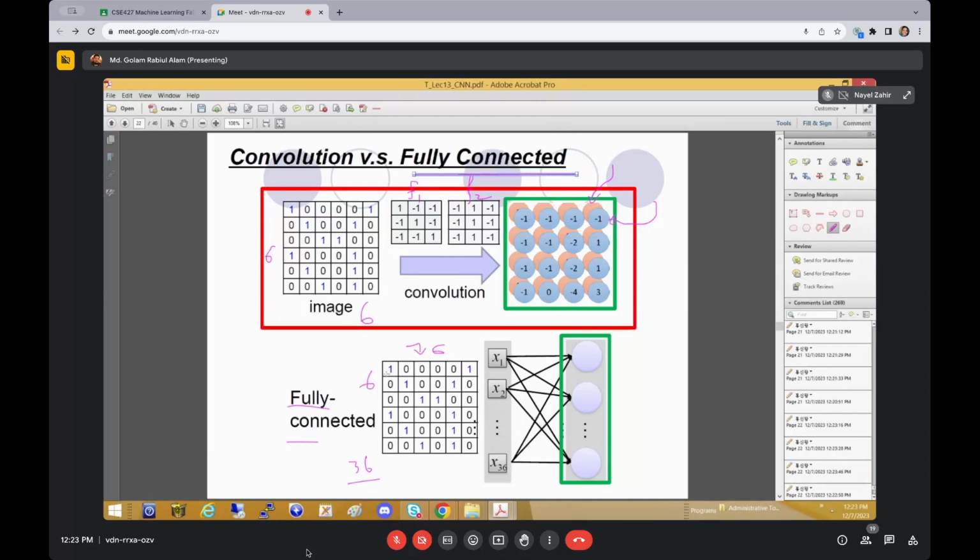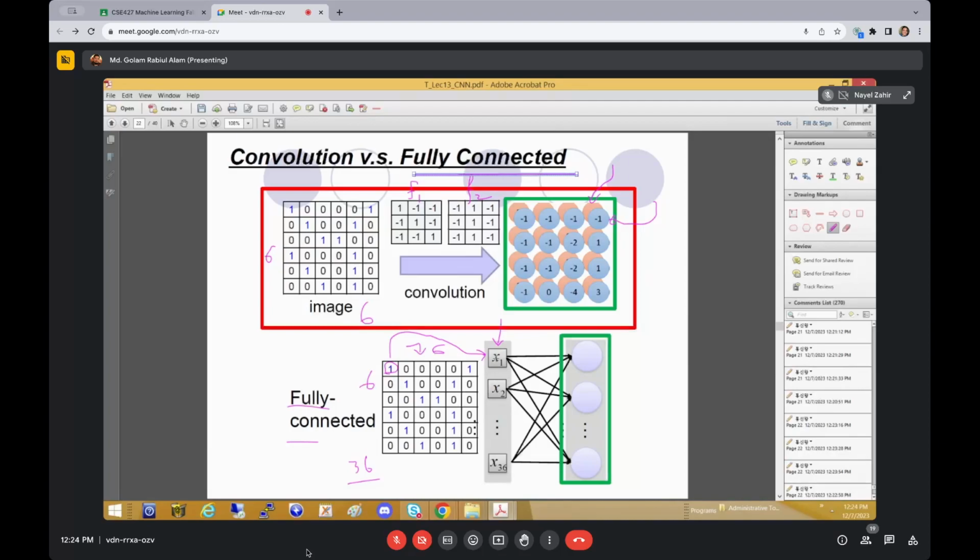For each and every value, we have to feed it to a neuron, so we need 36 neurons in our first layer.